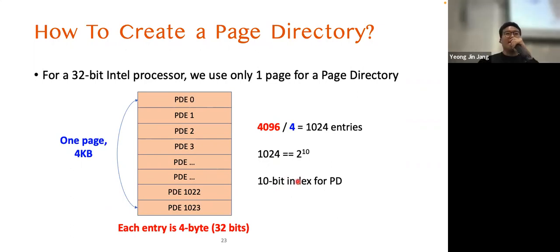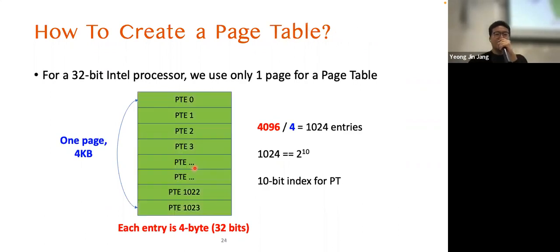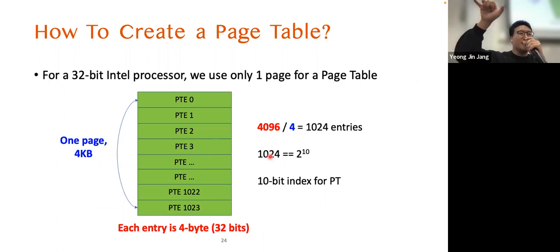That's why we access the page directory entry with the top 10 bits. The same structure applies to the page table. The page table is also one page, and within that page we have page table entries of 4 bytes each, so it also has 1024 entries. That's why we use the middle 10 bits to index this array.